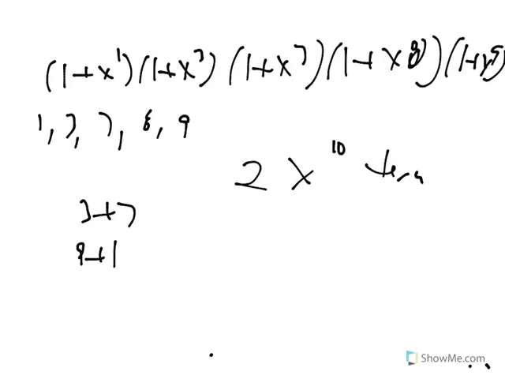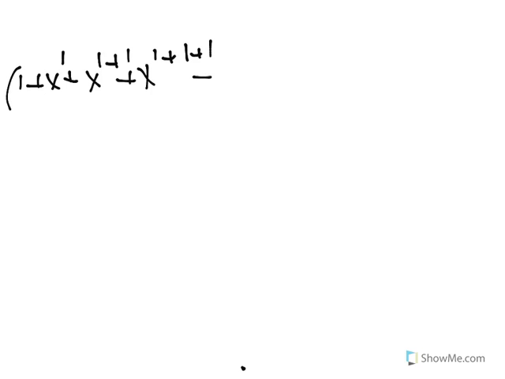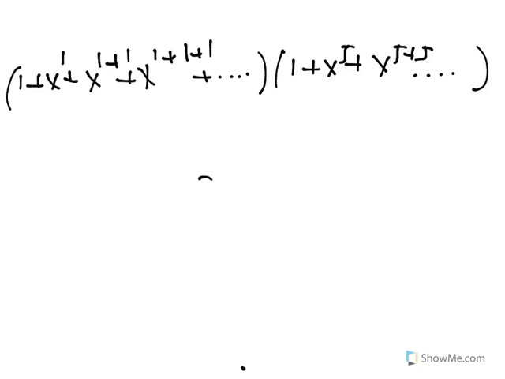But I could do something like that. As far as the other guy goes, 1 plus x to the 1st, 1 plus x to the 1 plus 1, plus x to the 1 plus 1 plus 1, dot, dot, dot. And now I'll also throw in x to the 5th, x to the 5 plus 5, dot, dot, dot. And this thing won't be infinite. And I'll say, what's the x to the 10th term of that?